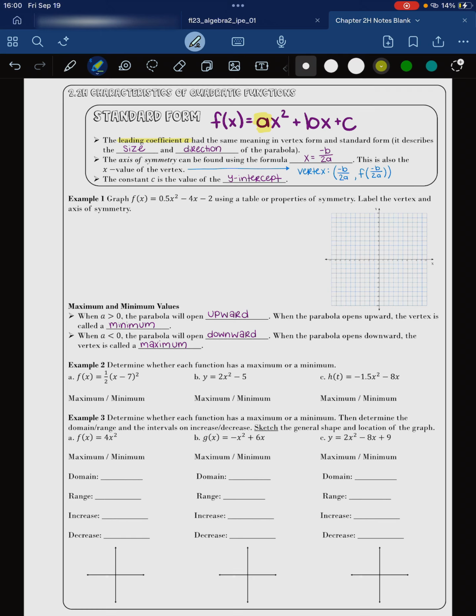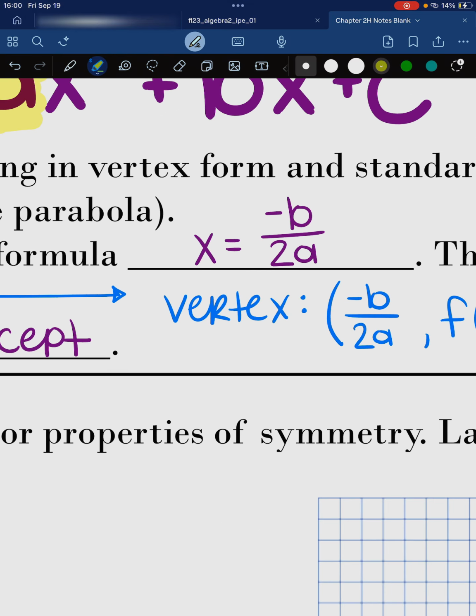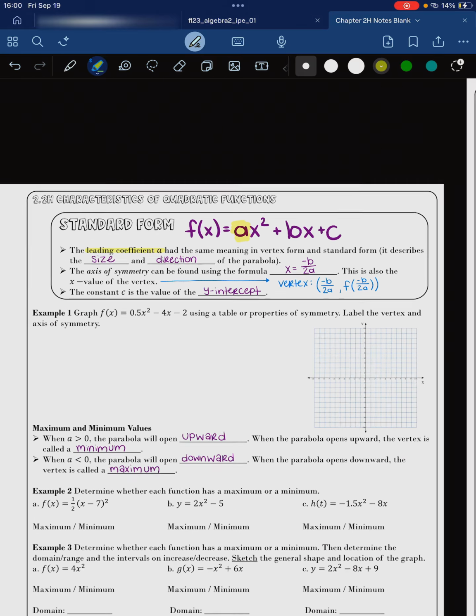And in standard form, hopefully you've seen this formula before, that axis of symmetry formula is negative b over 2a, and that is what tells you where that x value of the vertex is, which is also the equation of our vertical axis of symmetry.